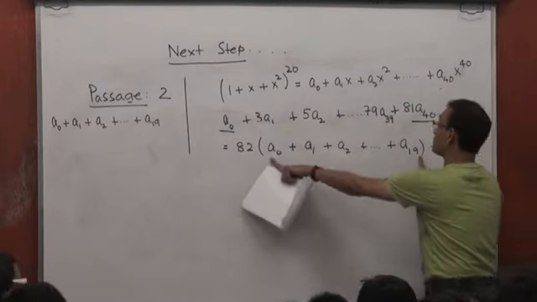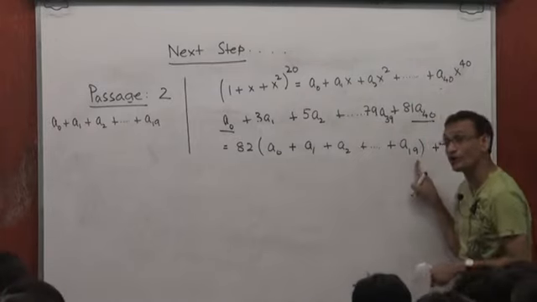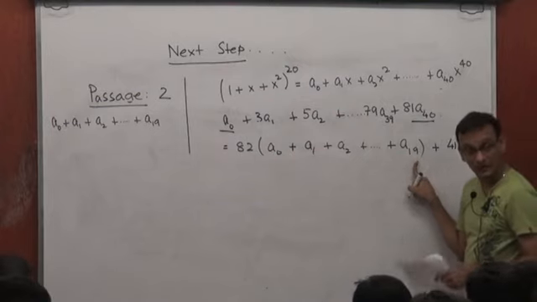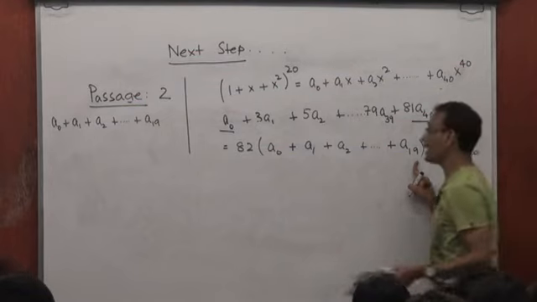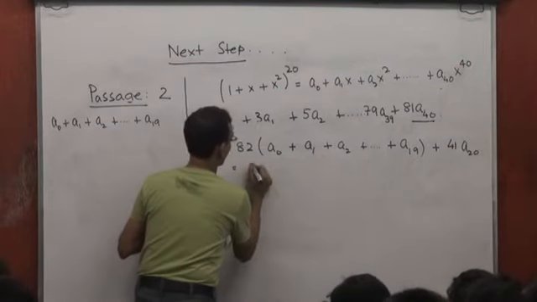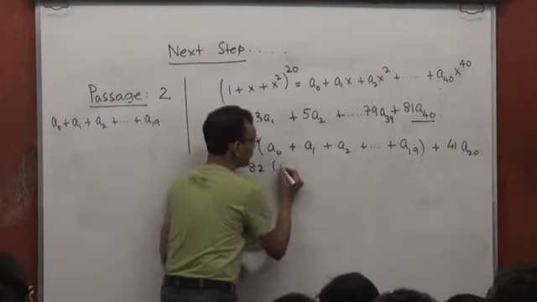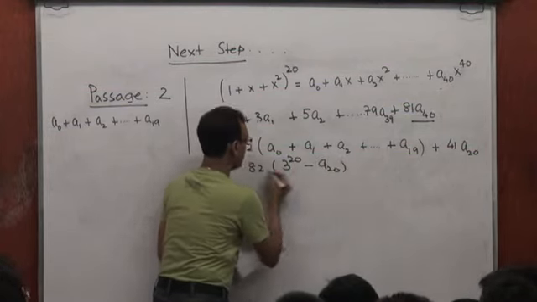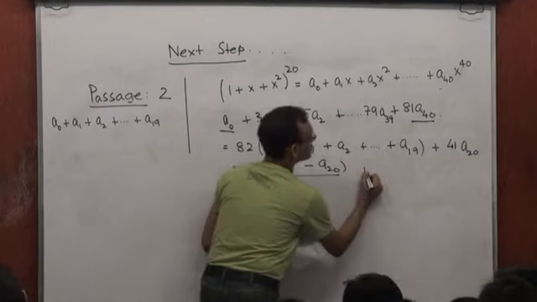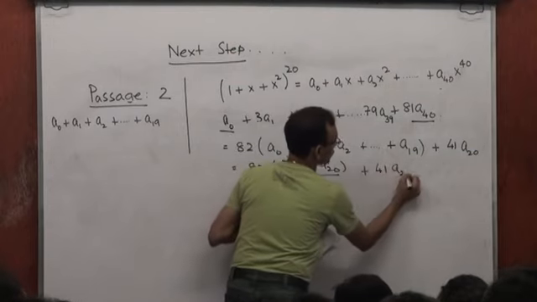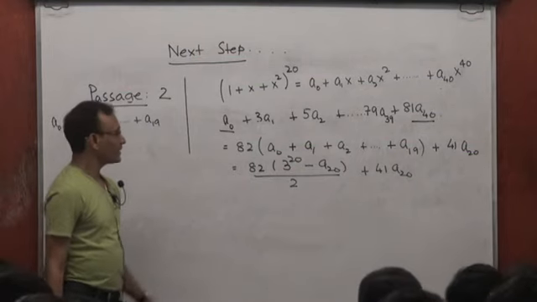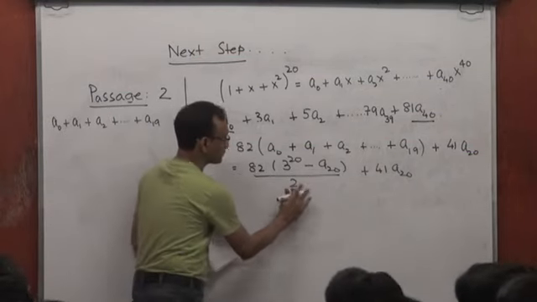And A0 plus A1 plus A2 up to A19, we've already figured out. 3 to the power 20 minus A20 divided by 2, right? The first part of the problem was, this is 3 to the power 20 minus A20 divided by 2. And this is 41.